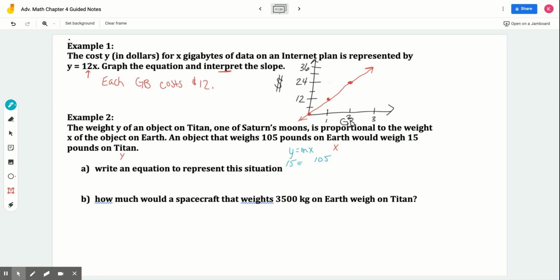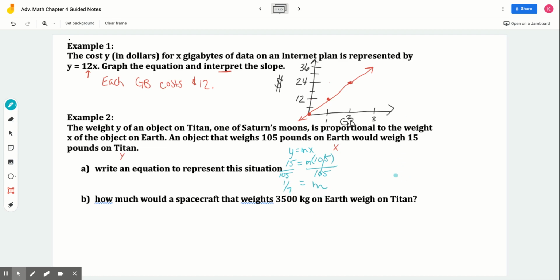So right now we have 15 equals m times 105. In order to find the equation, we need to find m because we need y equals a number and then x. So in order to solve for m, we can divide both sides by 105, just like we were going to solve an equation. 105 divided by 105 cancels and we're left with m. 15 divided by 105, we can divide both of those by 15 and we get 1/7.